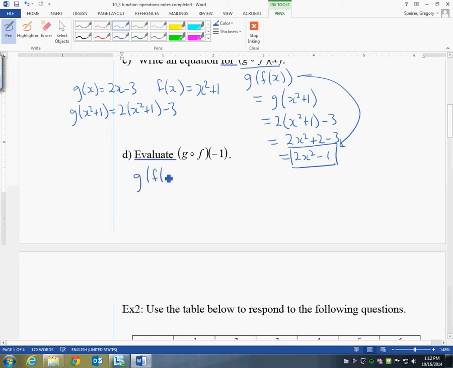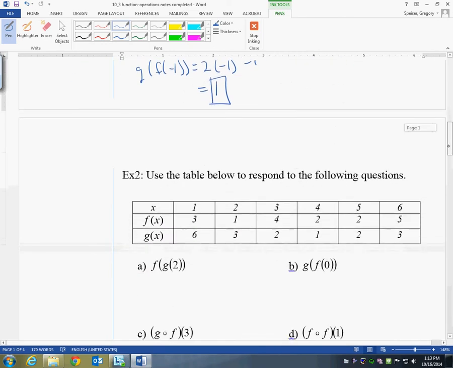If g of f of x is equal to 2x squared minus 1, that means that g of f of negative 1 is going to be equal to 2 times negative 1 squared minus 1. So this becomes a positive 1 times 2 is positive 2 minus 1 is 1. So there's our answer. Alright, moving on to the next page.